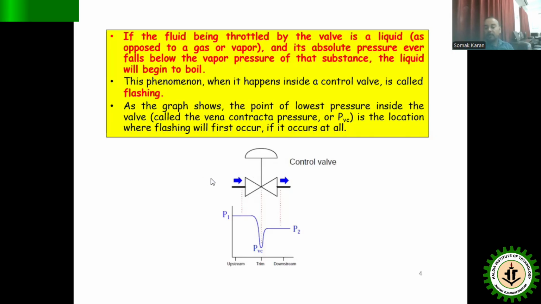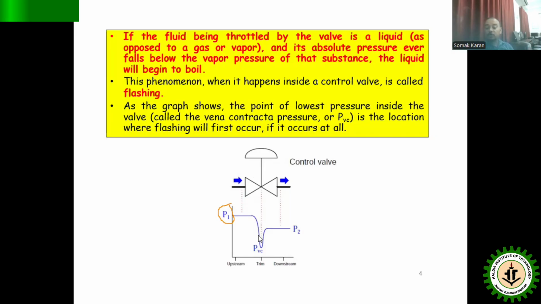Without any restriction, the fluid comes through a pipeline and reaches the first position of the control valve, which is the upstream side. Here we can see the pressure P1 will be higher. But whenever it has to pass through the constrictive area, suddenly the pressure will drop.